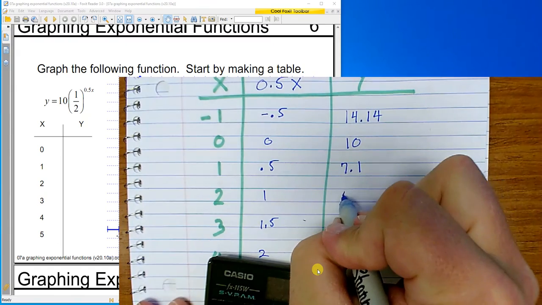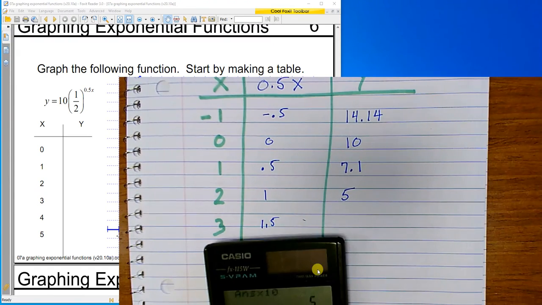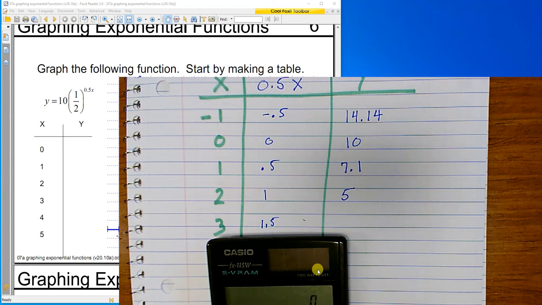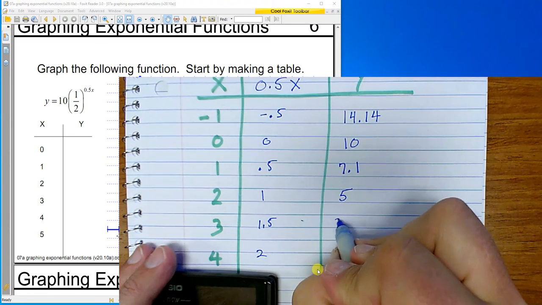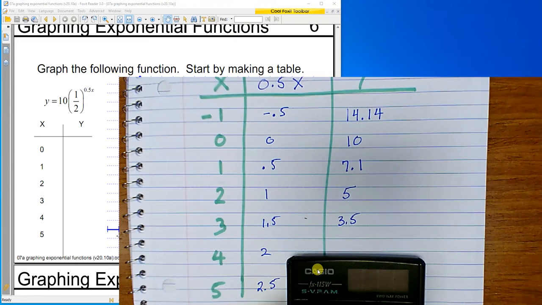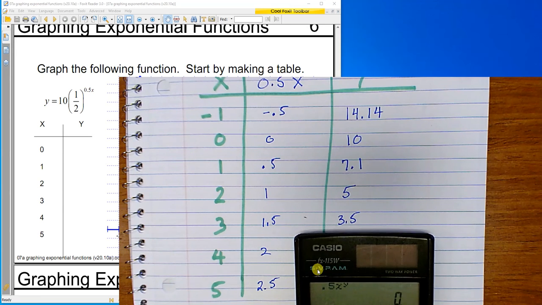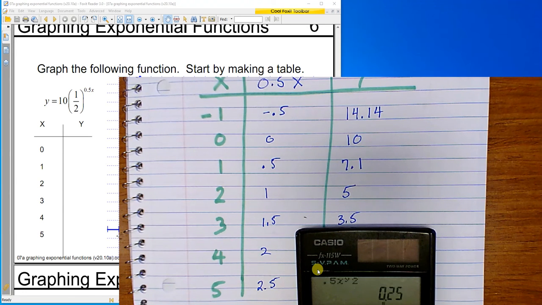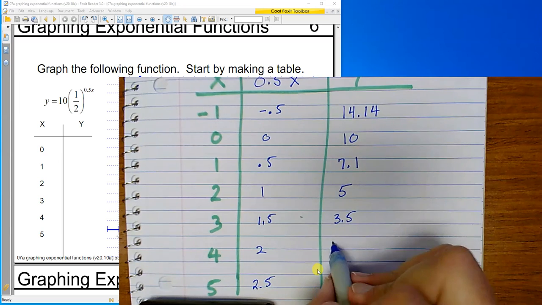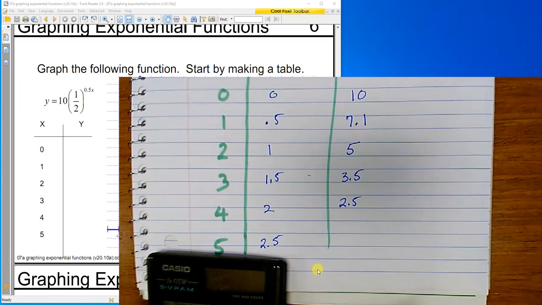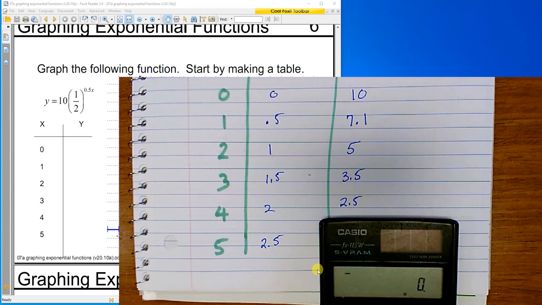And I'm just going to keep going like this. I'm just going to keep plugging in numbers. 0.5 raised to the 1.5 power times 10. 0.5 raised to the 2nd power times 10. 0.5 raised to the 2.5 power times 10.